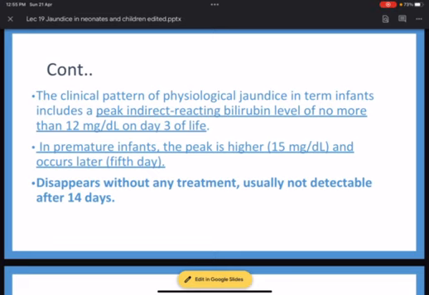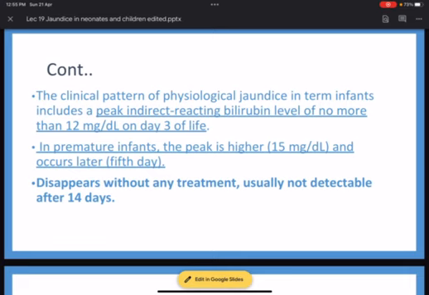If you compare the direct bilirubin fraction to the indirect bilirubin fraction, and you notice that direct bilirubin is more than 20% of the total, this is never physiological jaundice, this is pathological. Or roughly, if you measure at any point the direct level and you find it to be 1.5 milligram per deciliter or above, this is pathological by default.